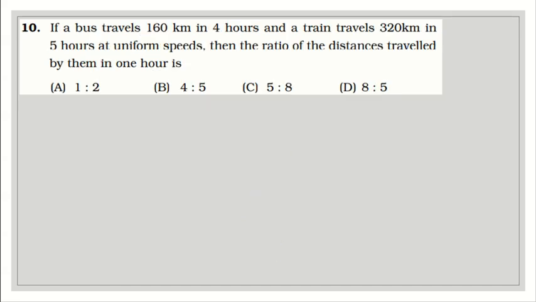The last question is, if a bus travels 160 km in 4 hours and a train travels 320 km in 5 hours at uniform speeds, find the ratio of the distance travelled by them in 1 hour. First, the bus travels 160 by 4 kilometers in 1 hour.